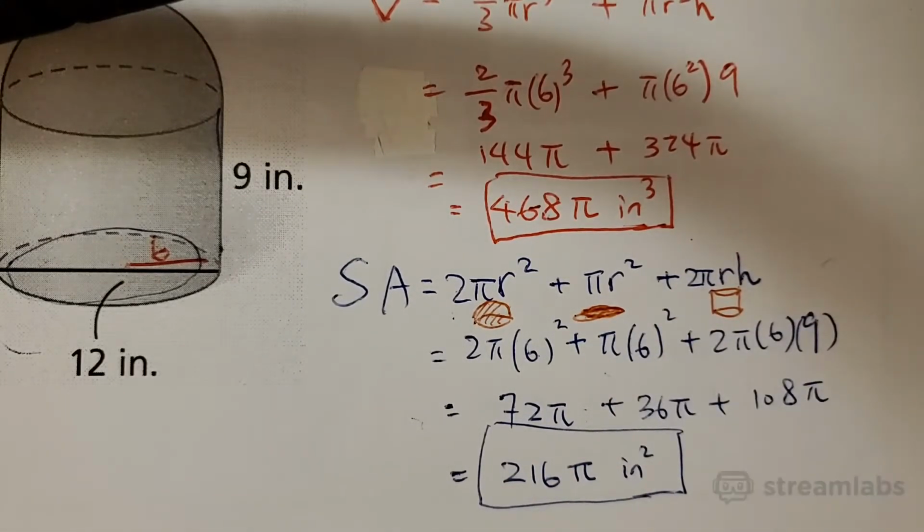Is that okay? Two pi rh. Oh. But is that the right answer? Okay.